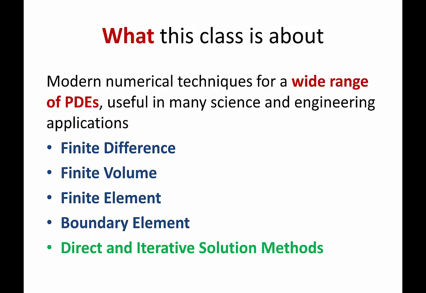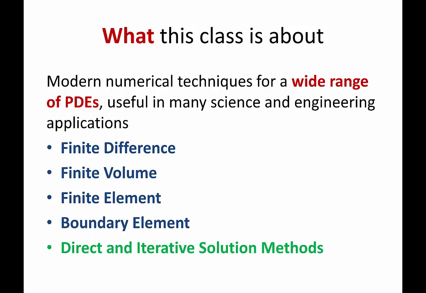These methods are going to convert or approximate a partial differential equation with equations that we can put into and solve in computers. So computers are good at manipulating numbers. And these methods convert differential equations, approximate them into equations that computers can solve directly.